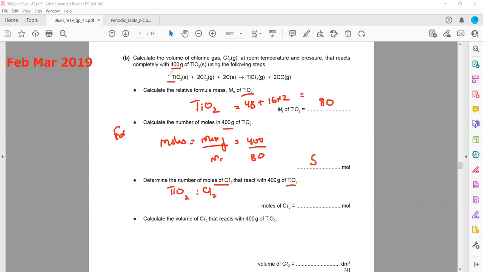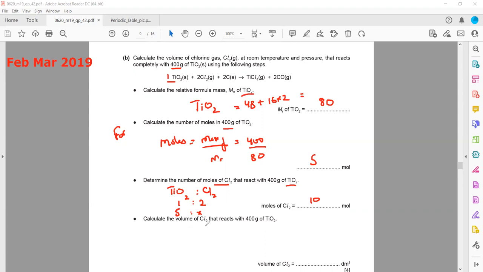According to the equation, the simplest ratio is, if we have 1 mole of titanium oxide, there will be 2 moles of chlorine. So the ratio between them is 1:2. In the question, we have 5 moles of titanium oxide, then there will be X moles of chlorine. So we cross multiply: 1 multiplied by X and 5 multiplied by 2. 5 multiplied by 2 gives us 10. So there will be 10 moles of chlorine.